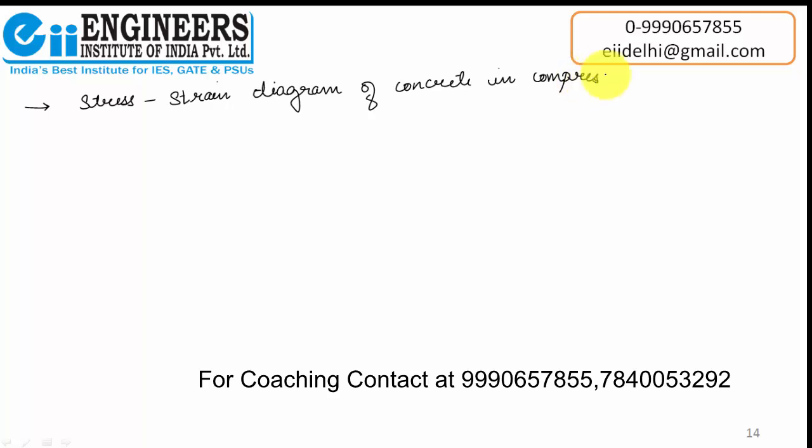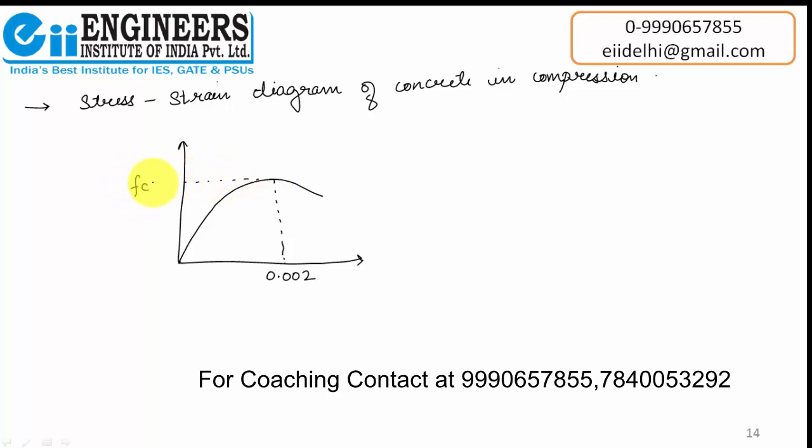We all know that our concrete is very good in compression, and as I told you before also, initially it behaves as linear elastic, then it behaves as parabolic, and then after attaining the peak value it drops. The strain at which it generally gives the peak value is 0.002, and this stress is FCK.